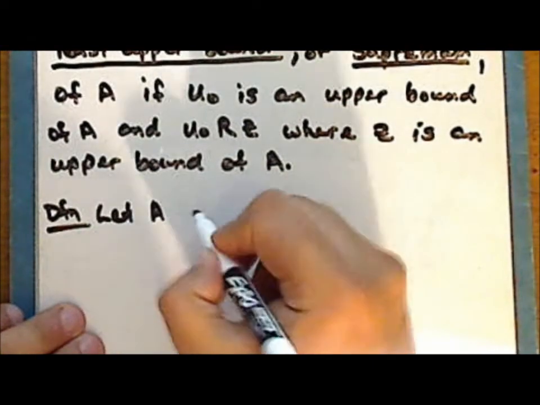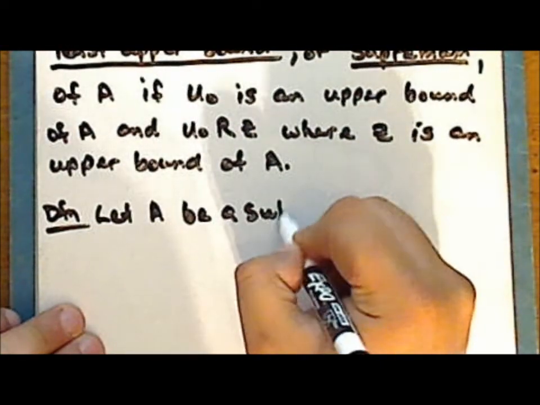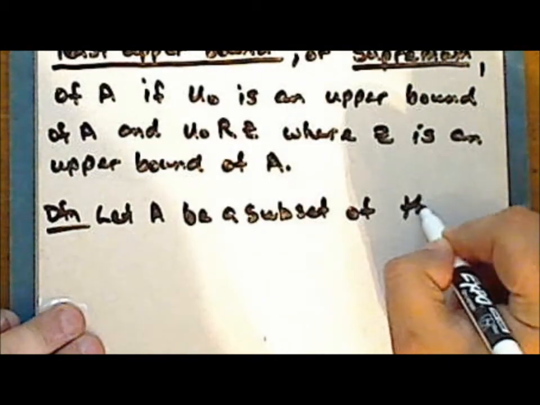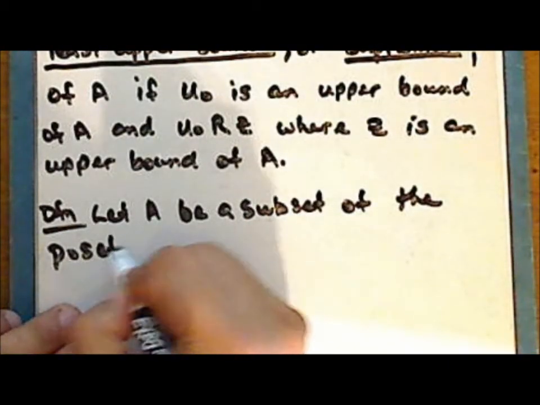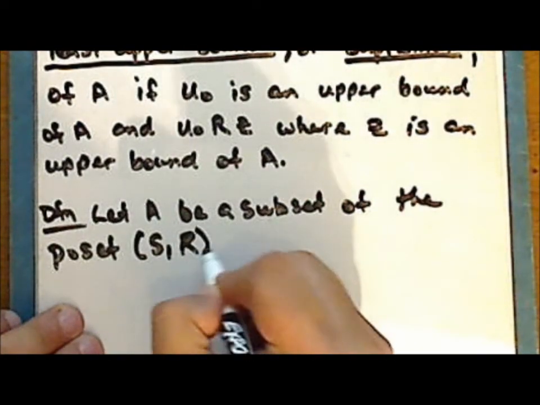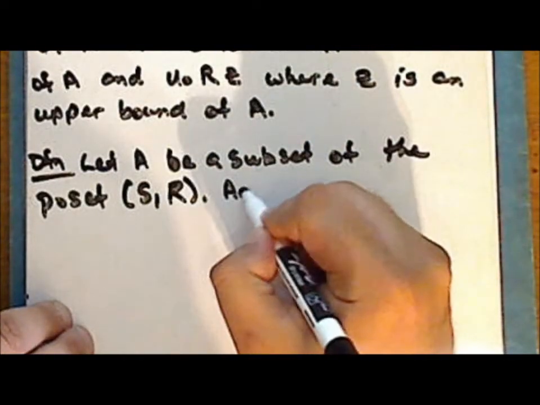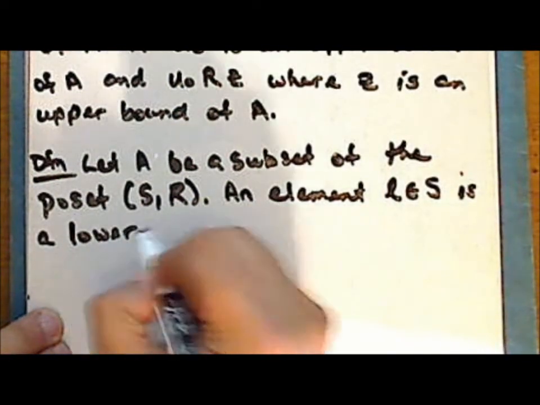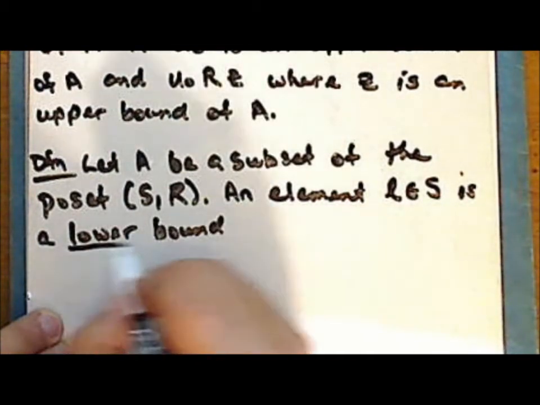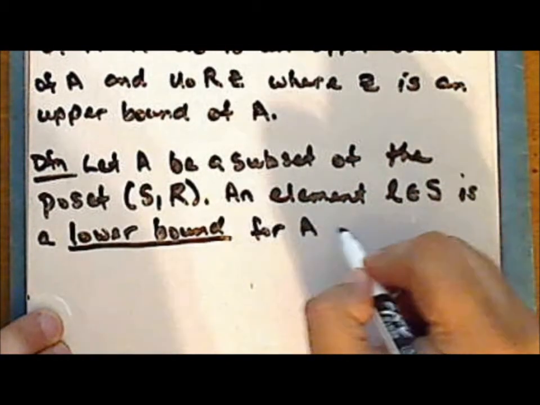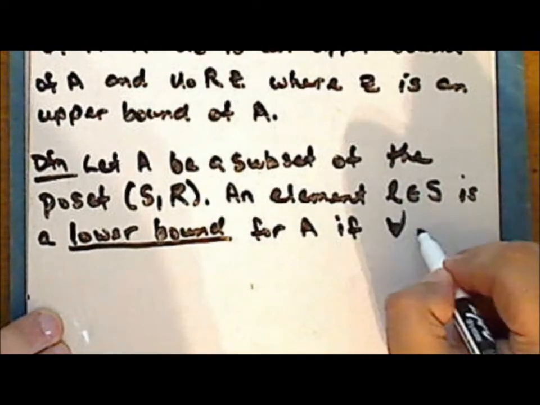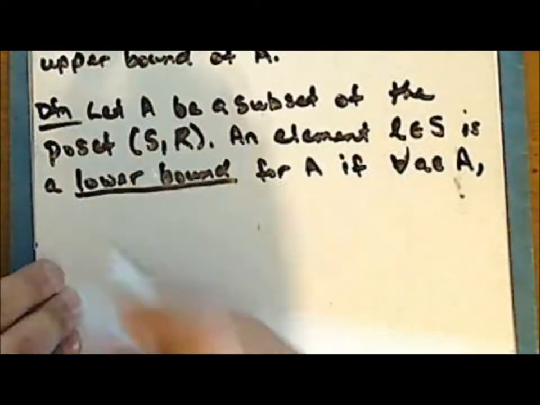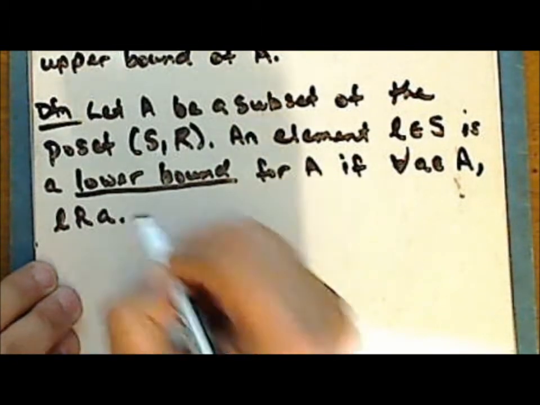So next, once again, let A be a subset of a poset. An element L in the set S is a lower bound for the set A if for every element a in the set A, we have that L is related to that element a.